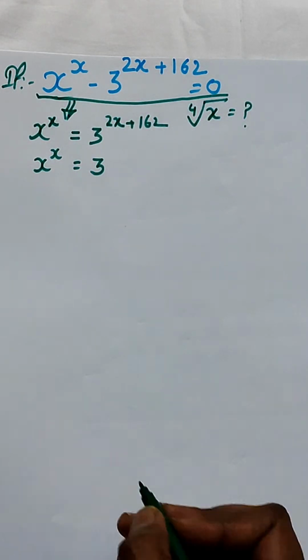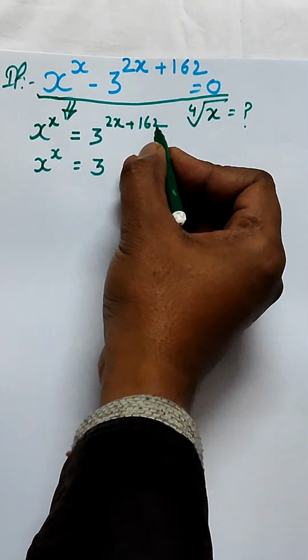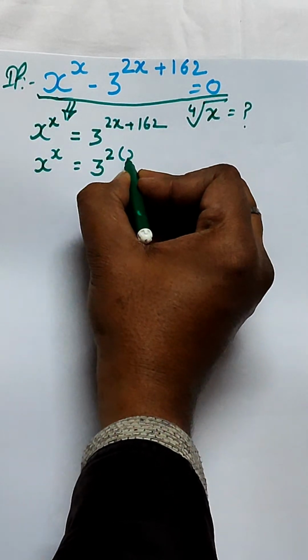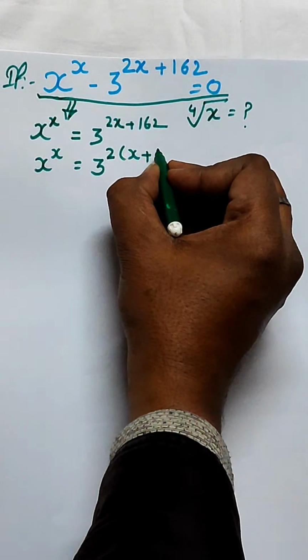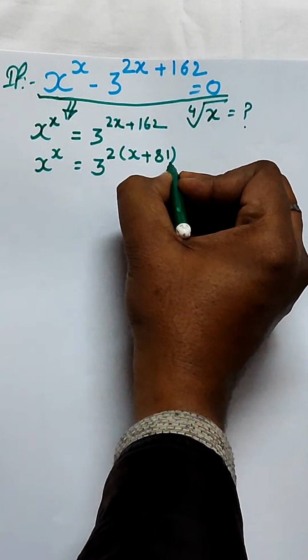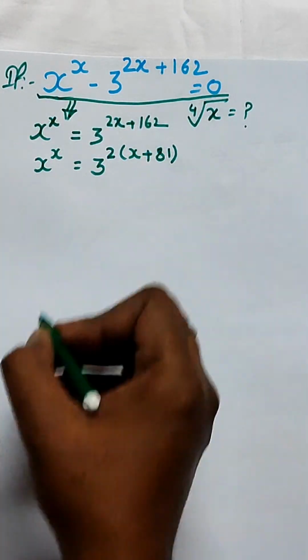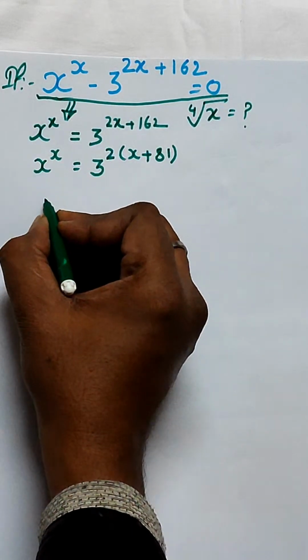So here, 3 power 2x plus 162. Take 2 as common, then we are left with x plus, dividing 162 by 2 to get 81, right? I hope it's fine. So what will be the next step?